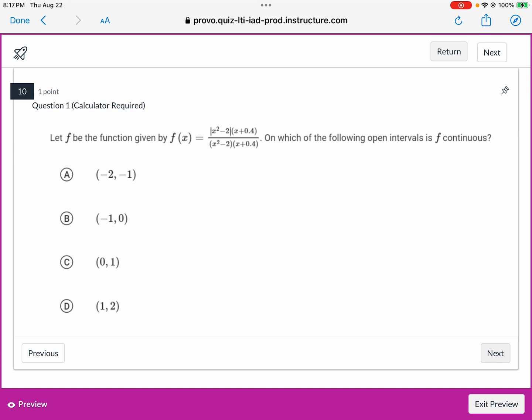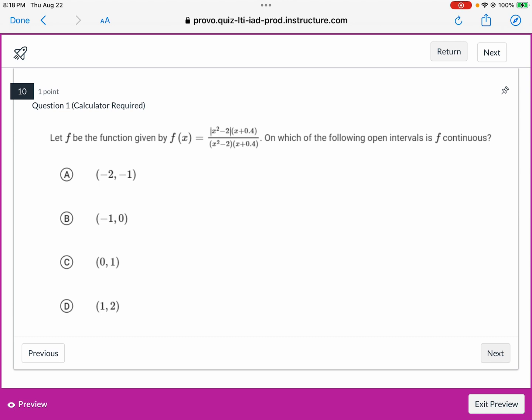At that point, you can see that x could not be equal to plus or minus the square root of 2, and that's the same thing as plus or minus 1.7 something.